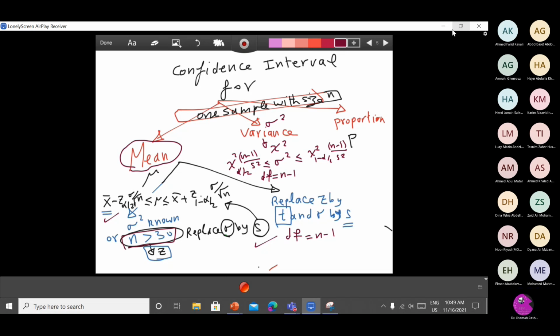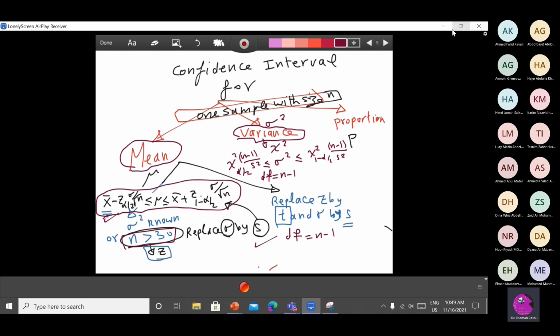If n is less than 30 and sigma is unknown, you replace z by t and sigma by s in this formula. This is the confidence interval. For the variance, we use the chi-square for one sample to compare variance, and we have this confidence interval from this one.